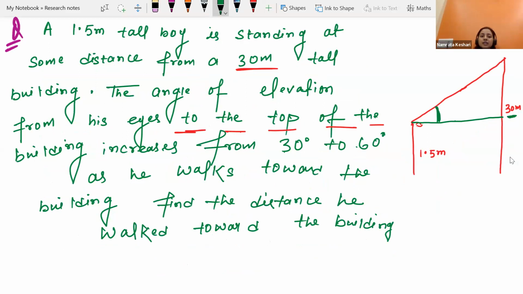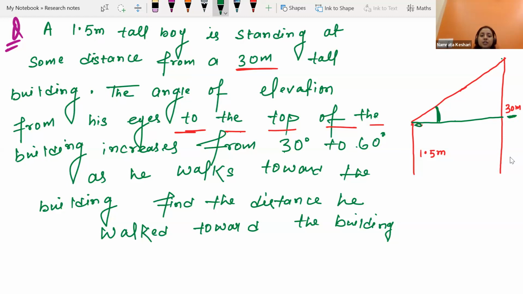The angle of elevation from his eyes to the top of the building. So we join and then we realize we need to draw a horizontal line that will give the angle of elevation, from his eyes to the top of the building.